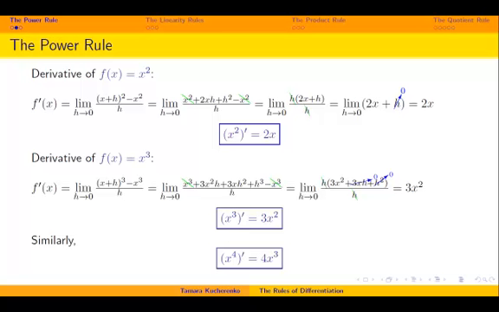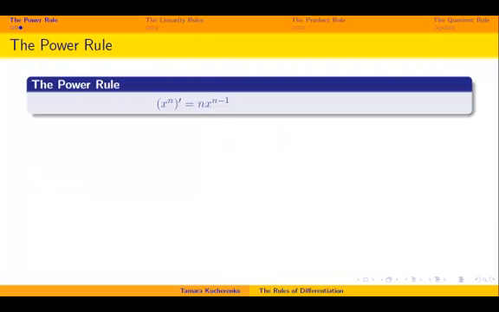Comparing the last three formulas, we see the pattern emerging. We can guess that for positive integer n, x to the n prime equals n x to the n minus 1. This turns out to be true and is referred to as the power rule. The derivative of x to the n equals n x to the n minus 1.